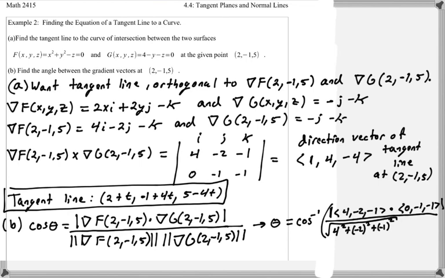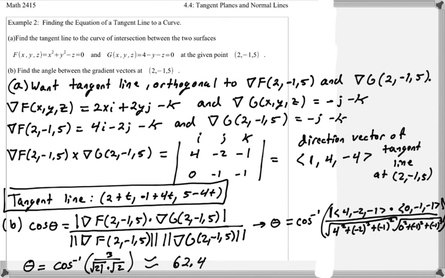The magnitude of the gradient of g at 2, -1, 5 would be the square root of 0 squared plus -1 squared plus another -1 squared. Okay, so that gives us theta is equal to the cosine inverse of 3 divided by the square root of 21 times the square root of 2, and that's going to be approximately 62.42 degrees. So that'd be the angle between those two gradient vectors.